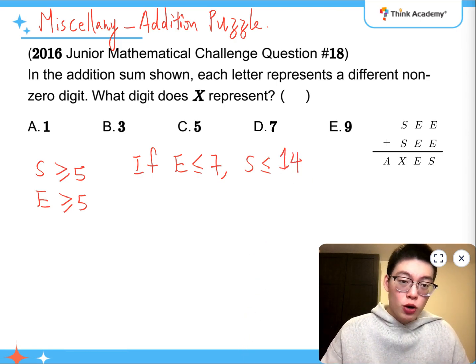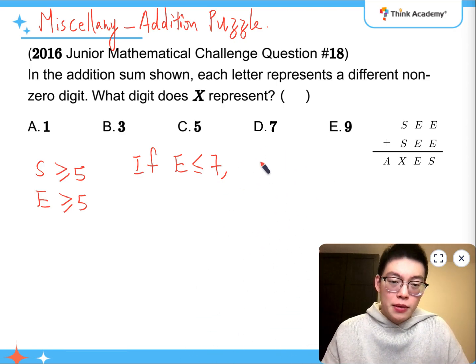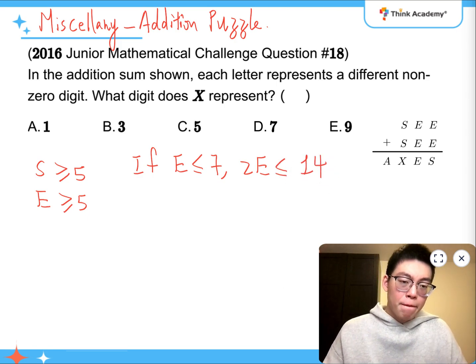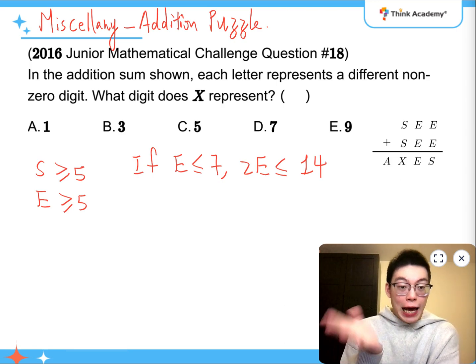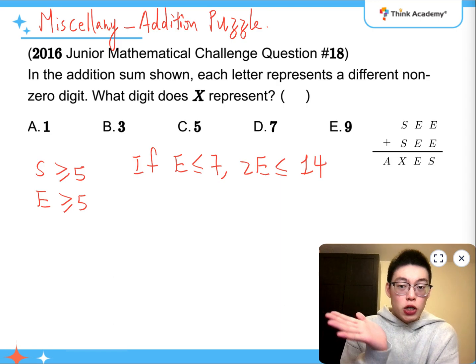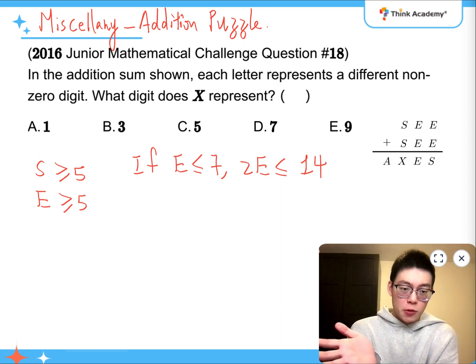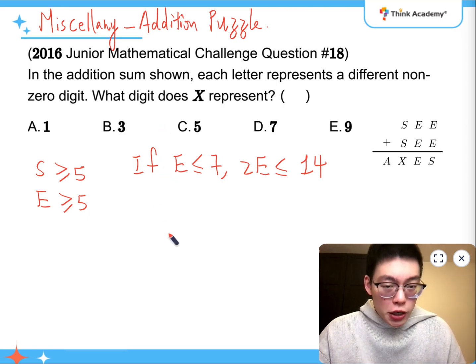Well, let's say 2E would be smaller than or equal to 14. But now, I need 2E to be 10 adding S, right? Which means that 2E has to be greater than or equal to 15. So now I know it doesn't work.